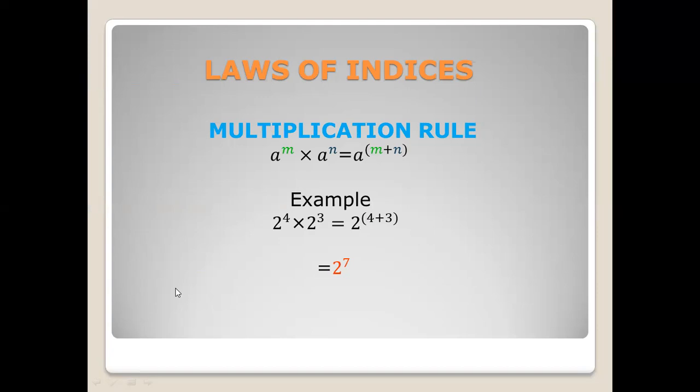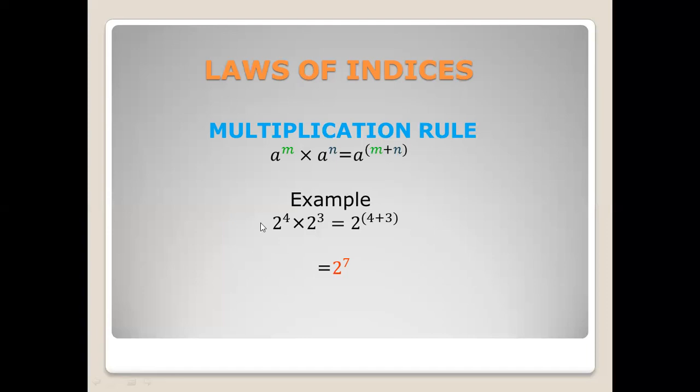Okay, what does it state? Yeah, a raised to m times a raised to n. Yes. What do you get? Okay, as one of us has said, multiplication rule. Sadi, you can proceed. Yeah, multiplication rule.